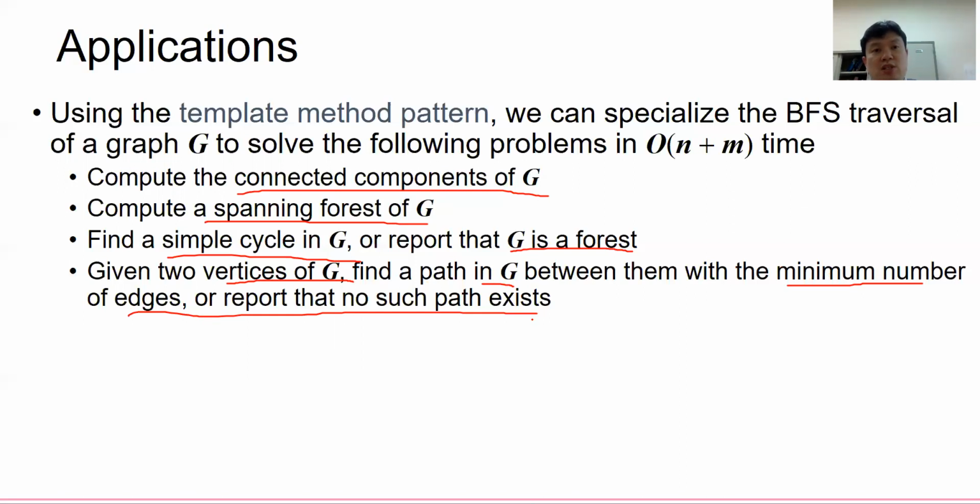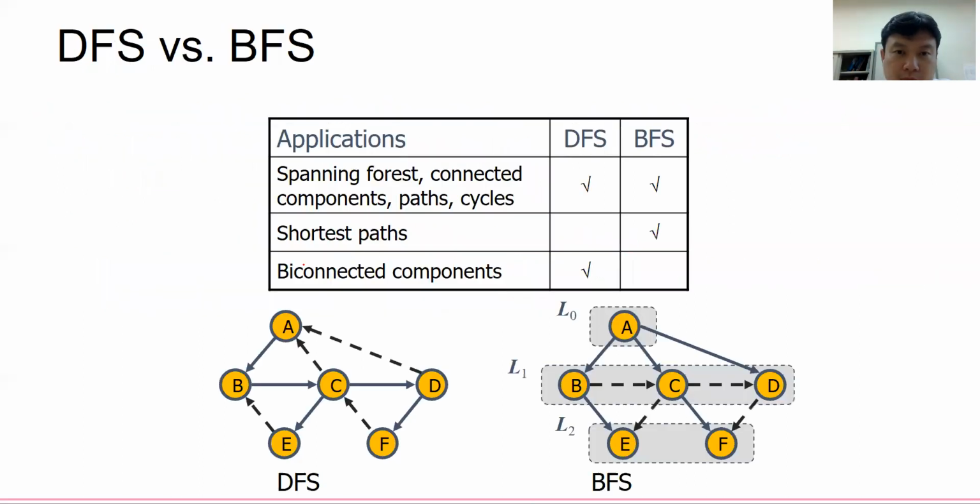So usually this kind of thing is for tracking, or path building. You know that DFS is fine for the spanning forest, for connected components, for making paths and for making cycles.